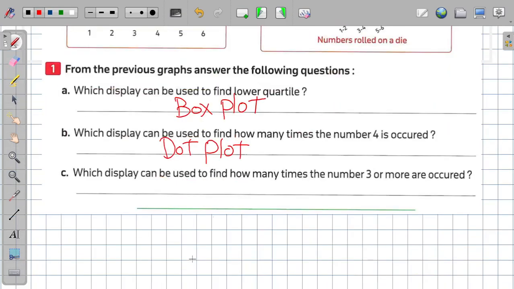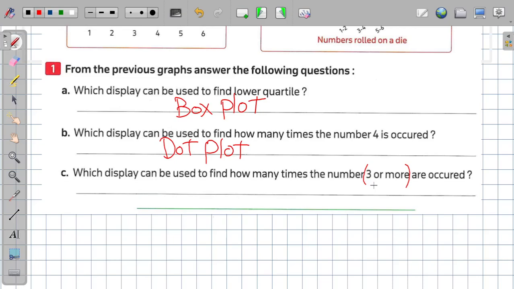Number C, which display can be used to find how many times the number 3 or more occurred. I think here we ask a statistical question of a grouped data, because we ask about 3 or more.